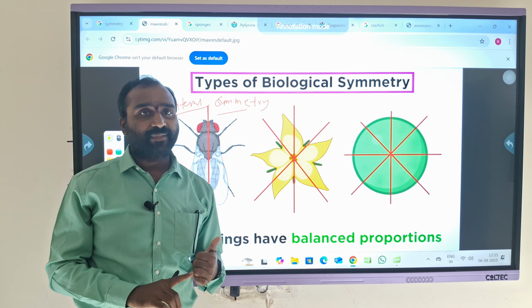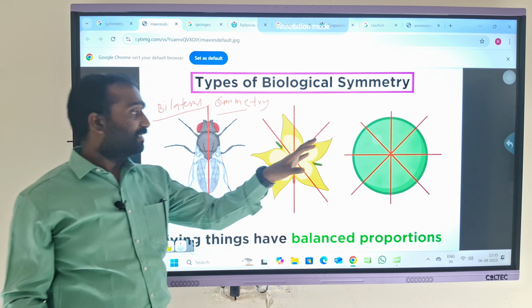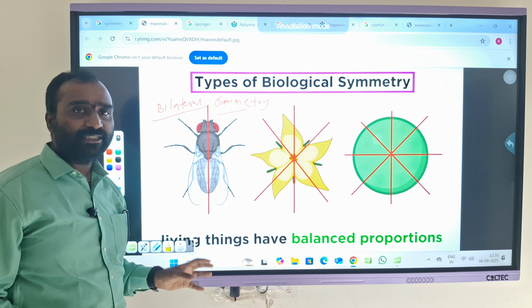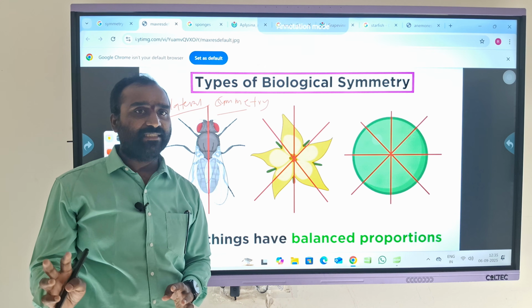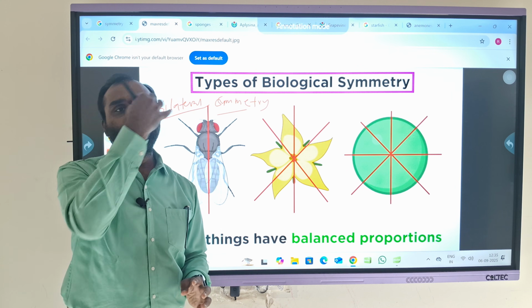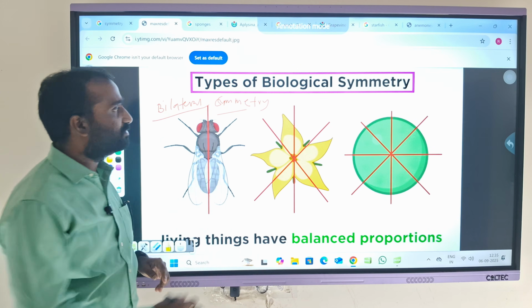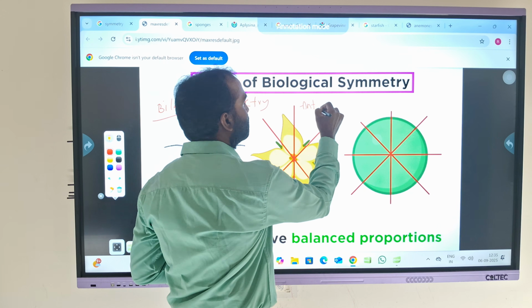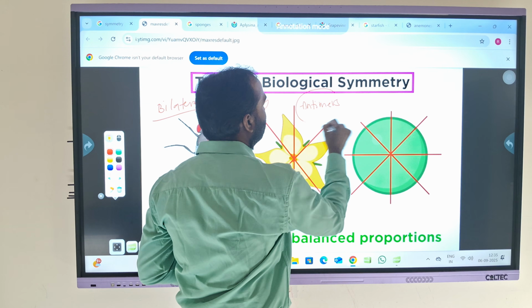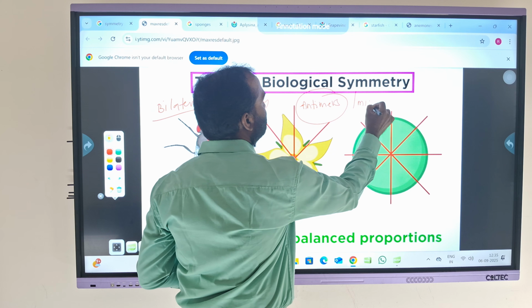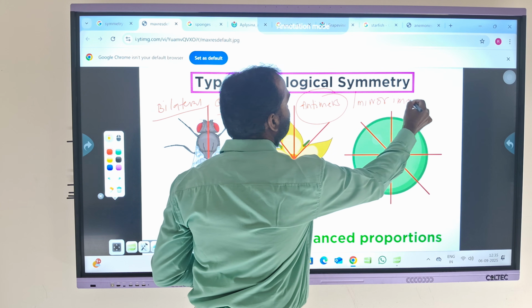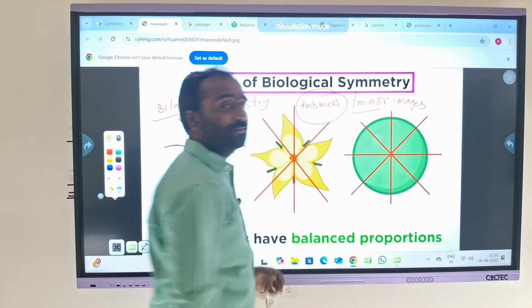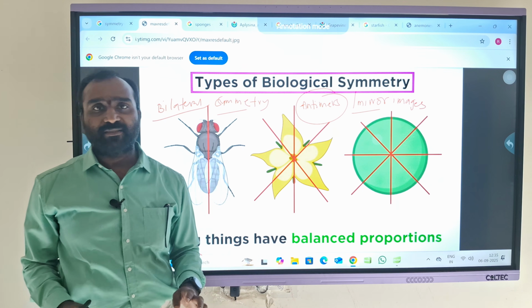Larva is primarily, and adult is secondarily. And bilateral symmetry is the most advanced character of the higher organisms, where we get two equal halves, and those equal halves are called antimers or mirror images. Right? So this is about symmetry. Is it clear?